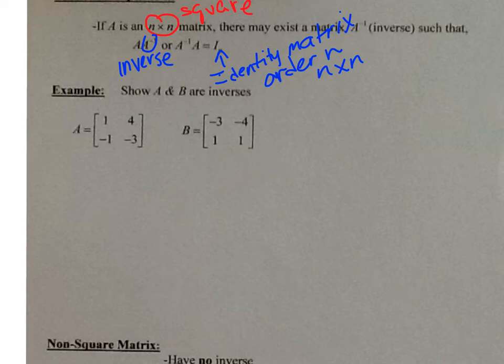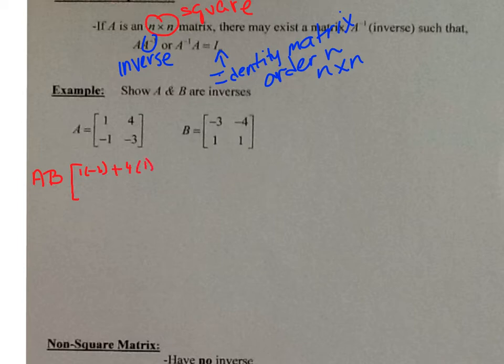So remember, in order for them to be inverses, when I multiply them, I have to get the identity. So we're going to multiply matrix A times matrix B. Okay, so we're going to do 1 times -3 plus 4 times 1.